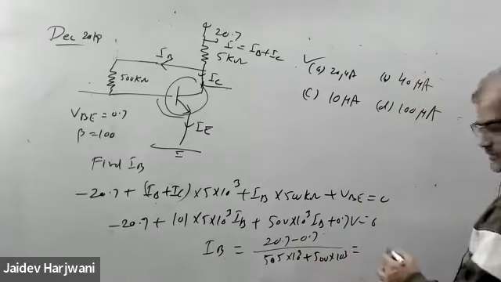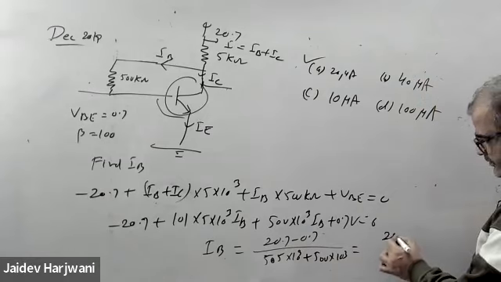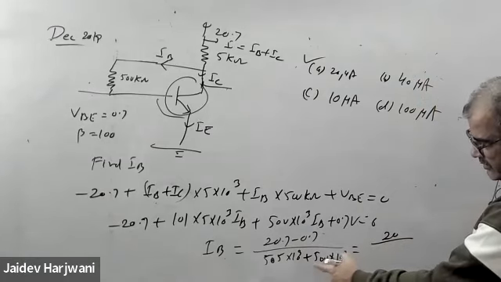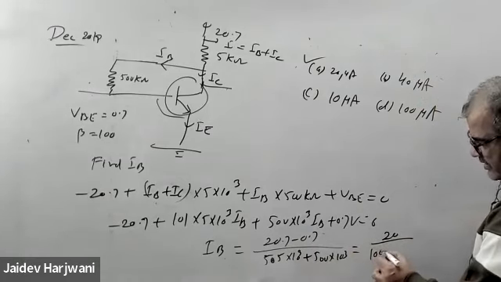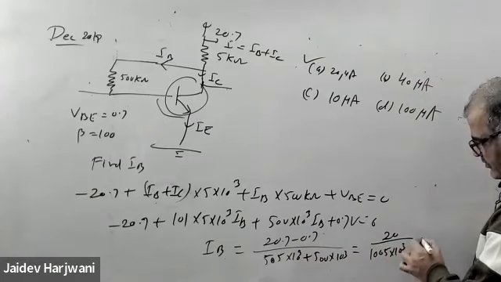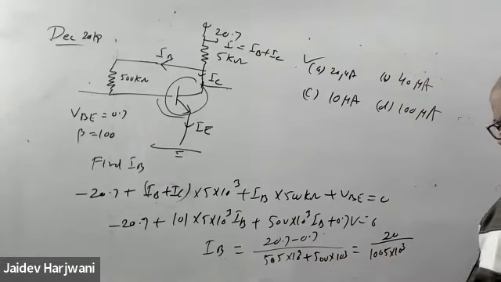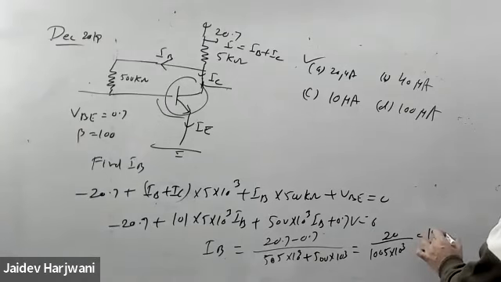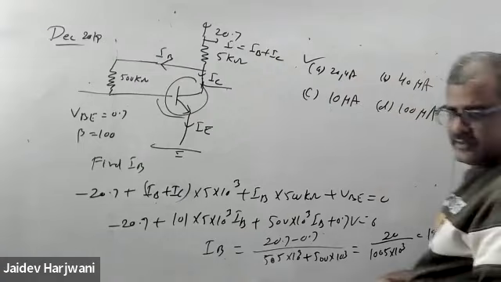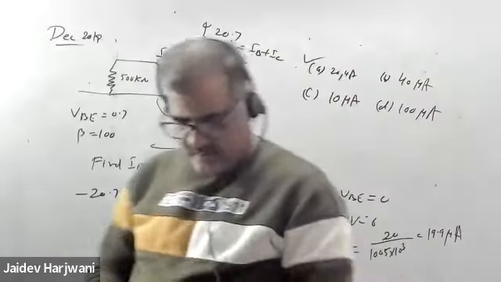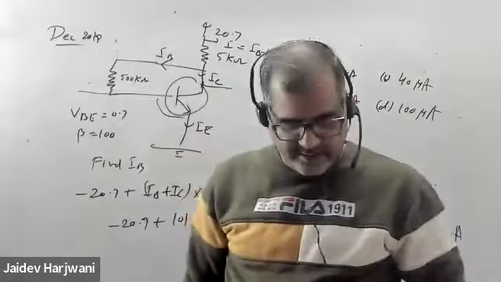This becomes 20 upon how much is this? 1005 kilo ohm. We solve this one. This is almost 20 microampere, 19.9 microampere. So this is your answer. Okay, so I'm stopping here.